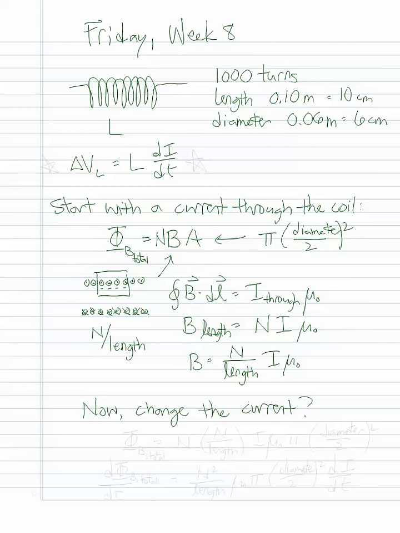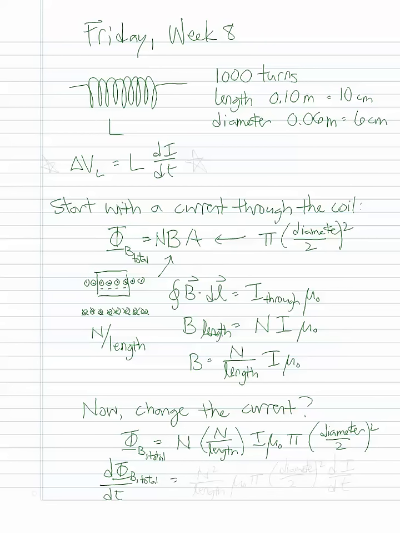Okay, so now I'm going to change the current, and I start with the flux here is N times B, which is N over length, times I times mu naught times pi times diameter over 2 squared. And so if I change the current, I want d flux dt.